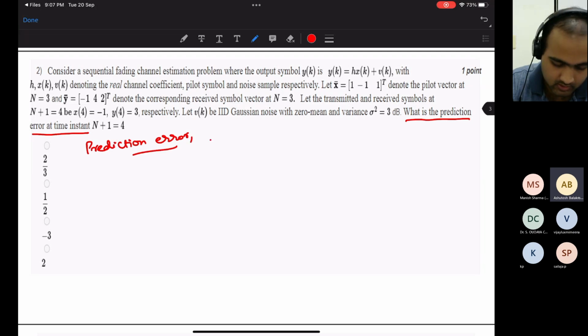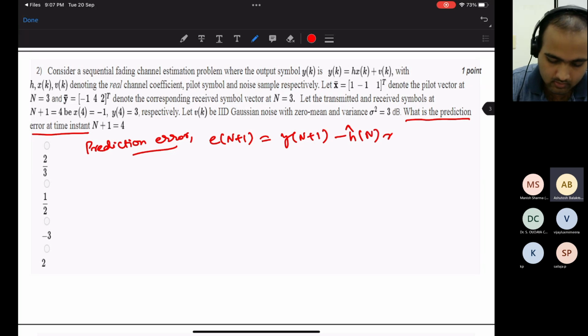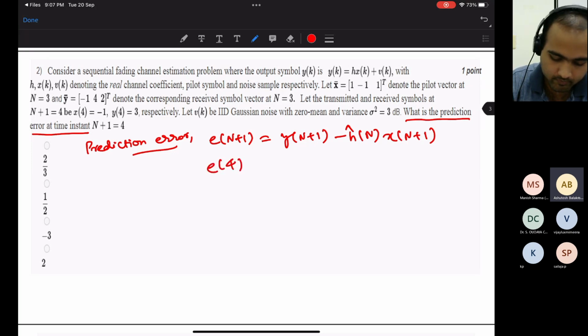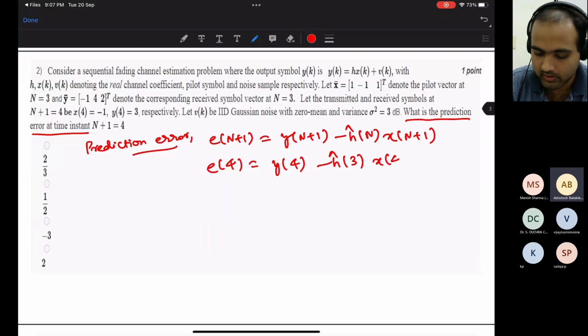It is e n+1 equals y n+1 minus h hat n times x of n+1. This is my prediction error formula. So e4 will be y4 minus h hat 3 times x4.